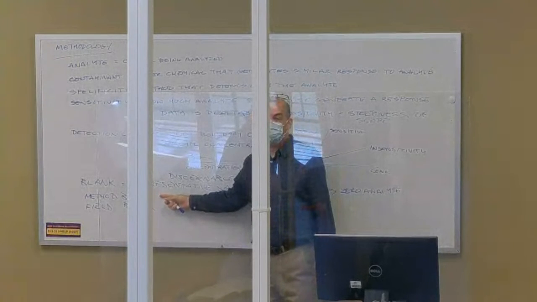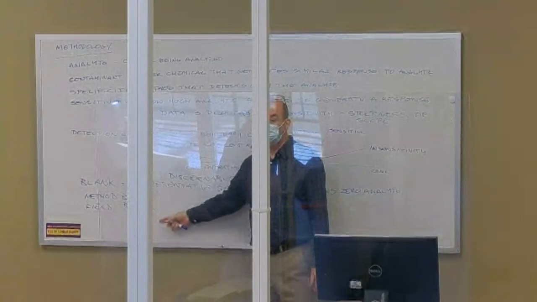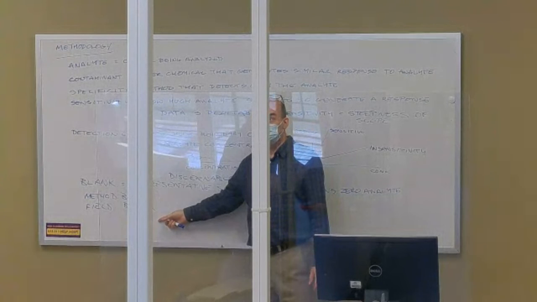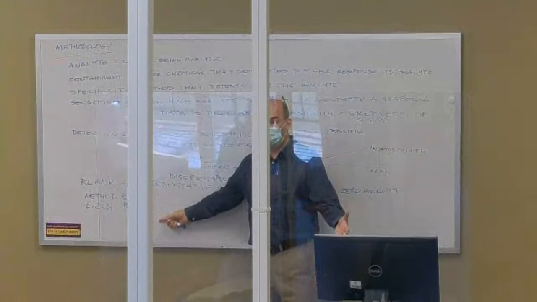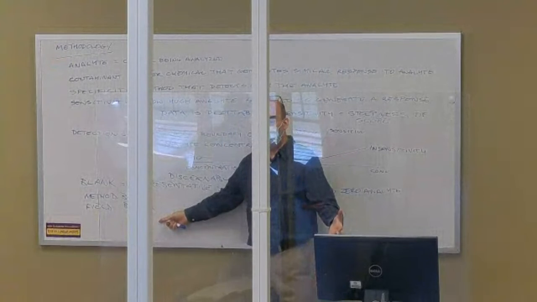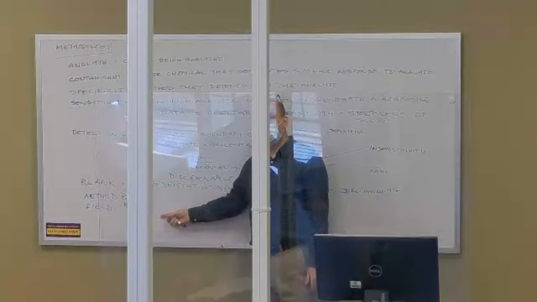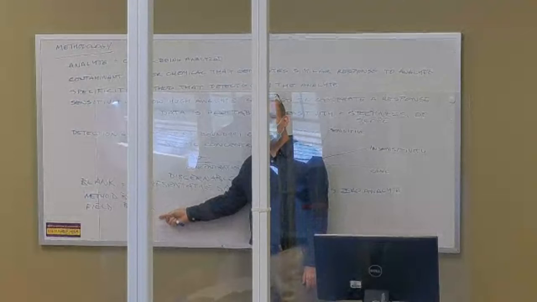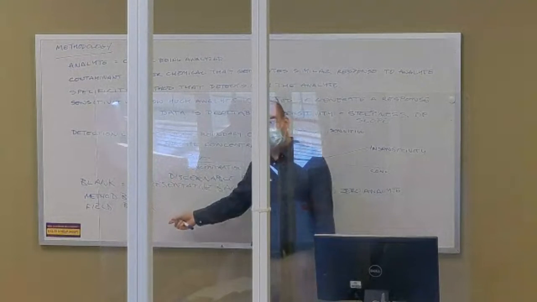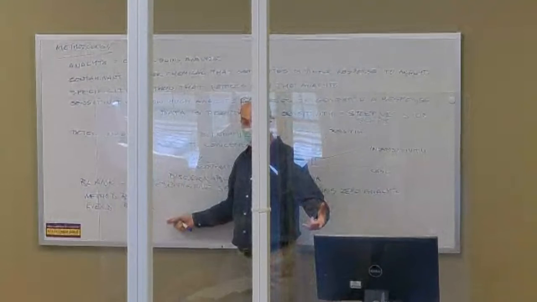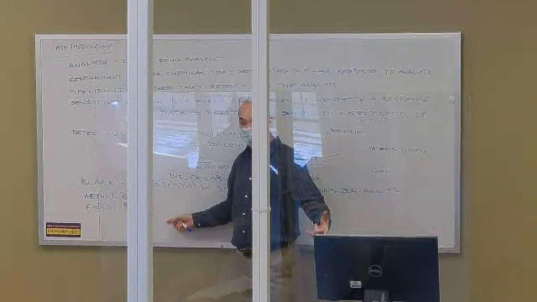Or method blank, if you do it environmentally, it's called a field blank, where if I want to measure the impact of a chemical spill, I measure upstream from it. You just measure upstream, because upstream, the water has everything in it that I'm expecting it to have downstream of the contamination site.